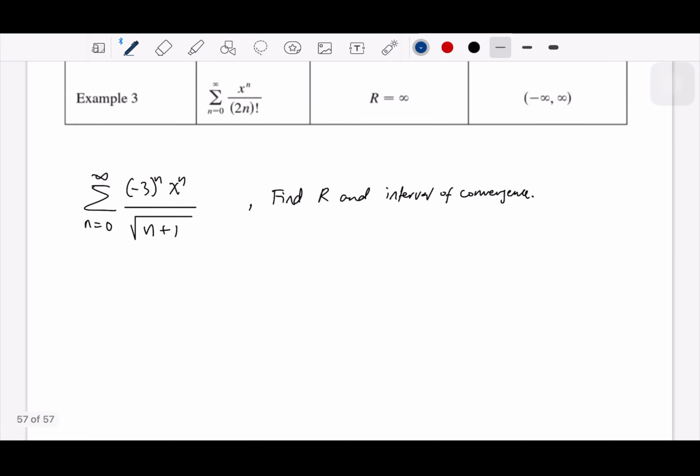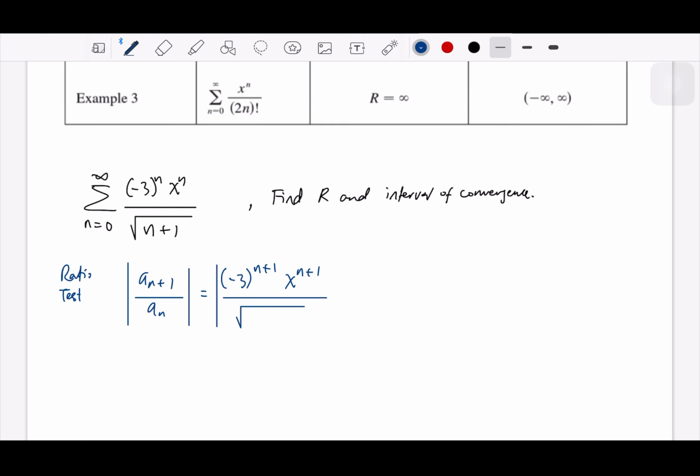The first step is we always have the ratio test. We can cancel this part.